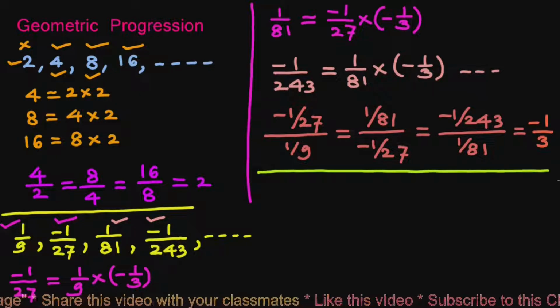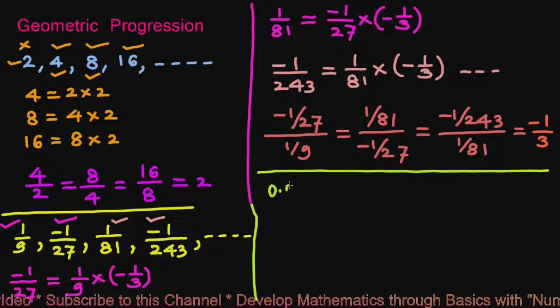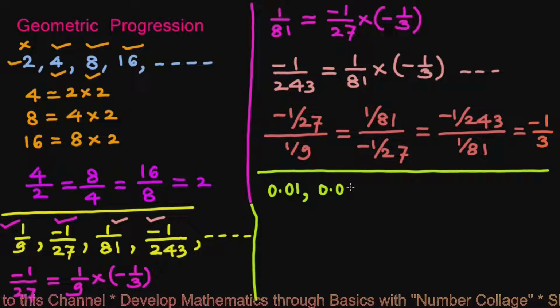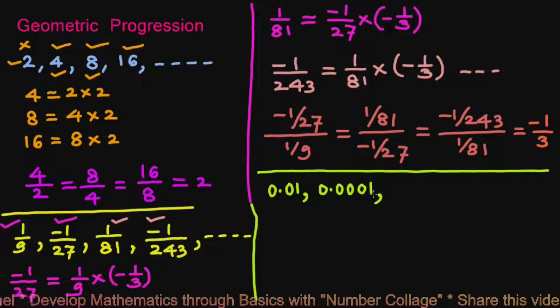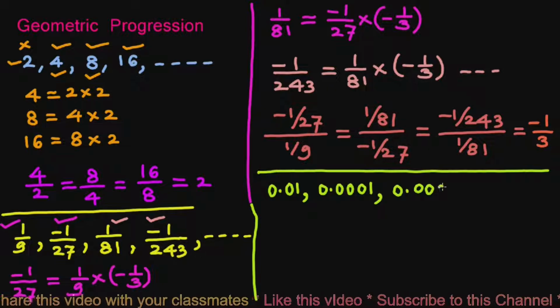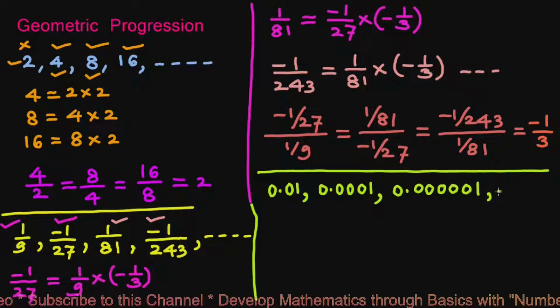Let us consider one more sequence: 0.01, 0.0001, 0.000001, and so on and so forth.